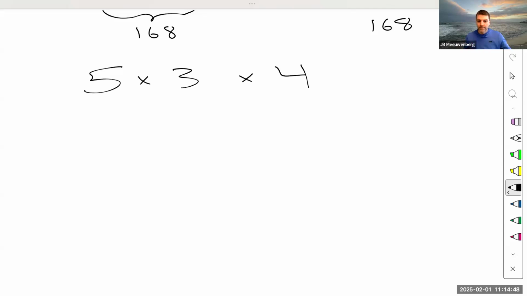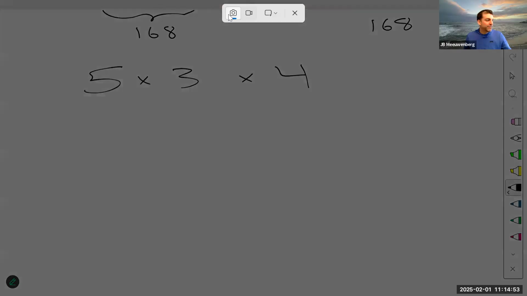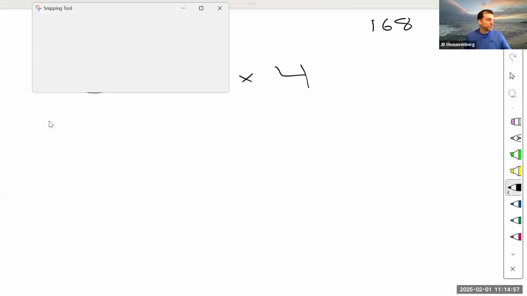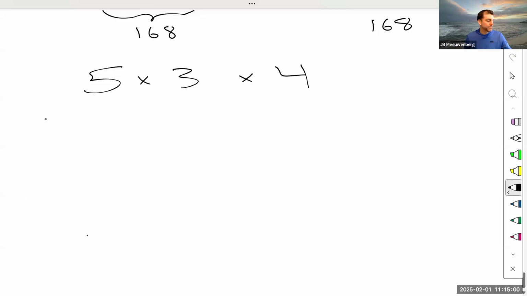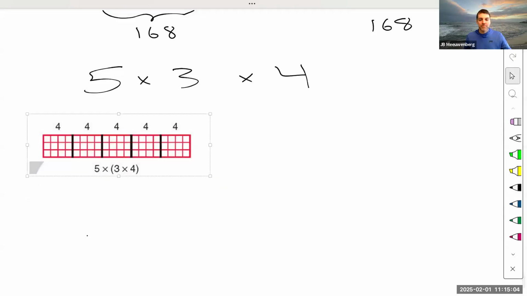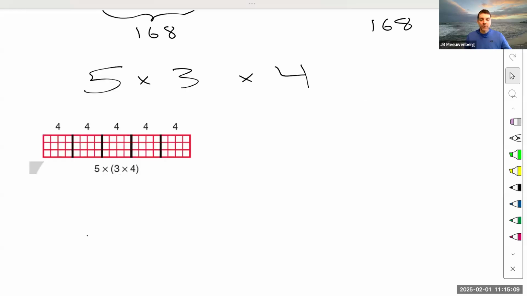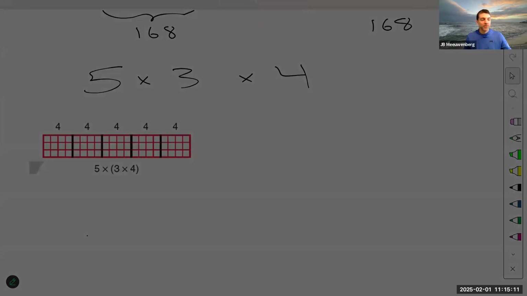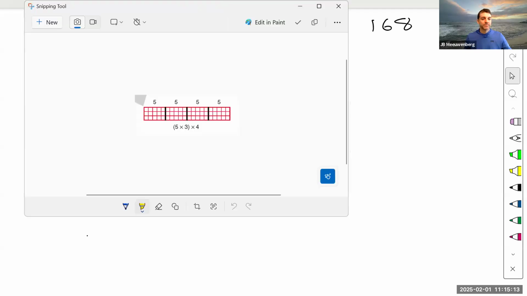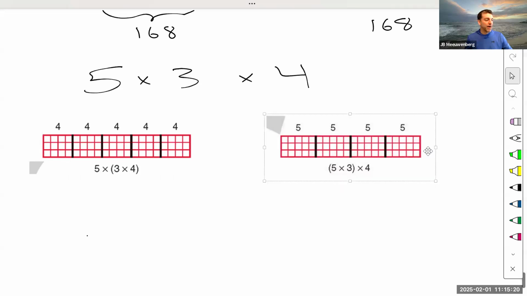And so the first way is where we're going to have groups that look like this. Take a second and just examine that picture and notice how it relates to the problem at hand. And now take a look at this picture and observe how it relates to the problem at hand.